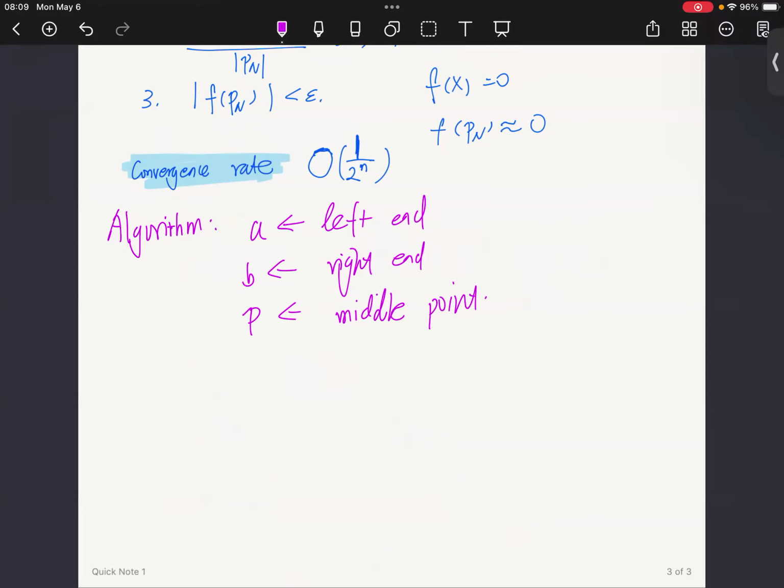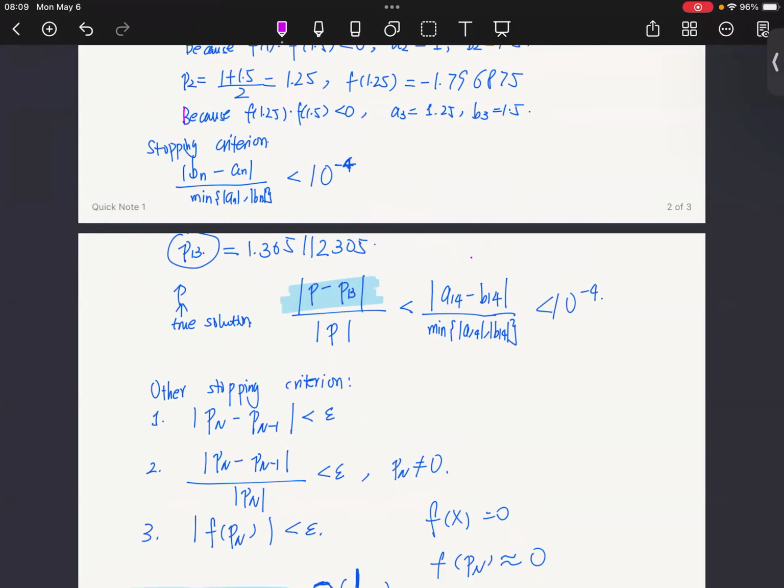I also mentioned that you can have several stopping criteria. You can compare the current middle point to the previous middle point, and if the difference is small enough, or the relative difference is smaller than epsilon, we can stop. Another option is that the function value at the middle point P could be smaller than epsilon.